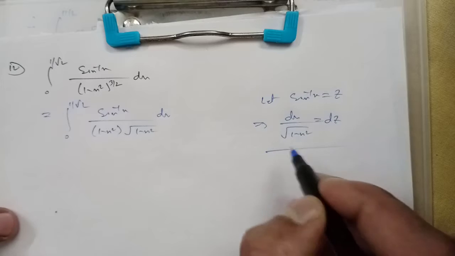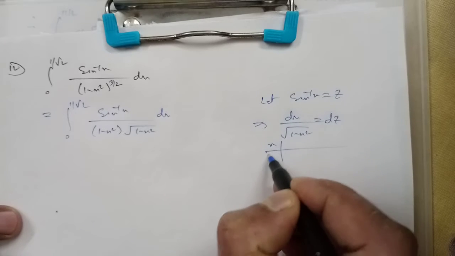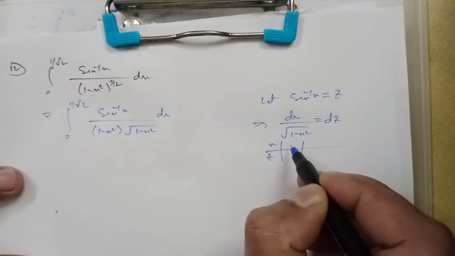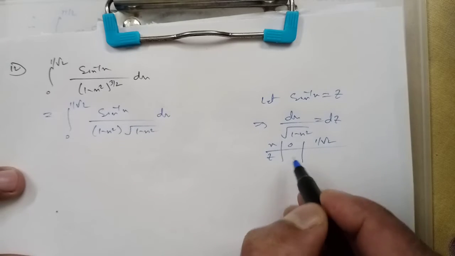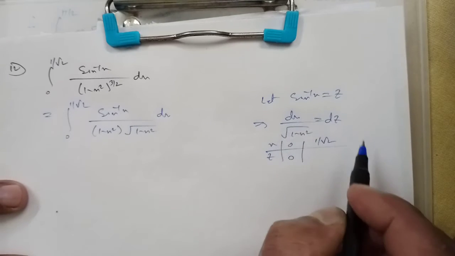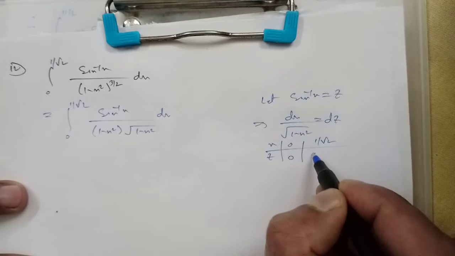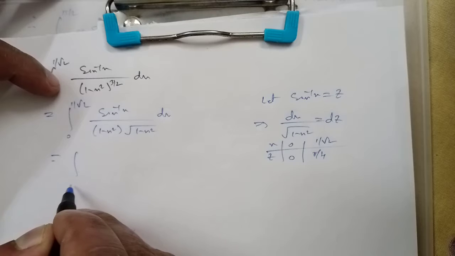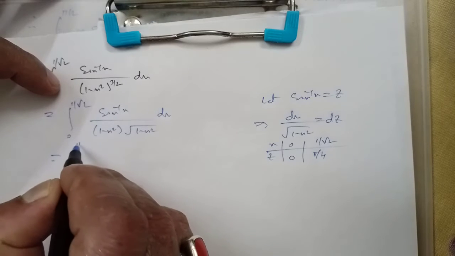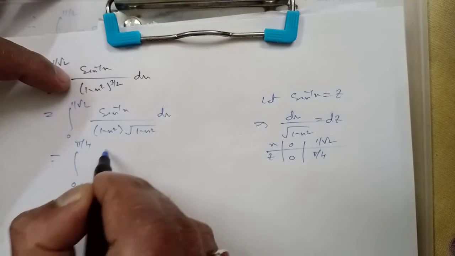Now do the limit change. Limits of x are 0 to 1 by root 2. Put 0 here, so you get 0 because sin inverse of 0 is 0. Sin inverse of 1 by root 2 is pi by 4. So here your interval of integration becomes 0 to pi by 4. This is z.